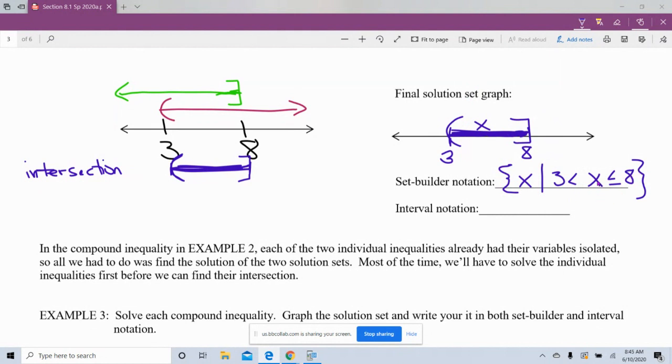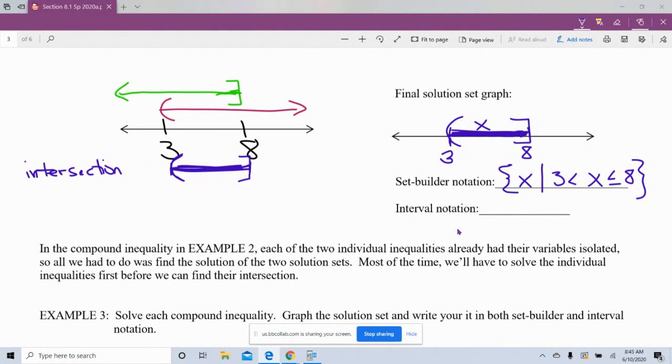Or you can read this as x is greater than 3, because I'm reading it backwards since I started with x. X is greater than 3, and x is also less than or equal to 8, right? But it's always going to be written with these less than or equal to symbols. Never a greater than or equal to symbol.